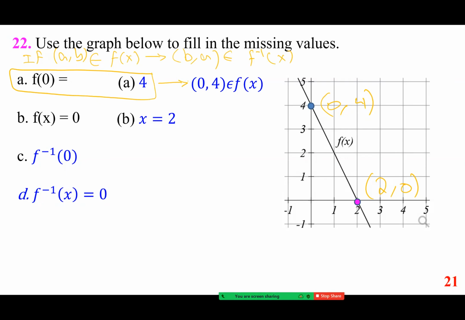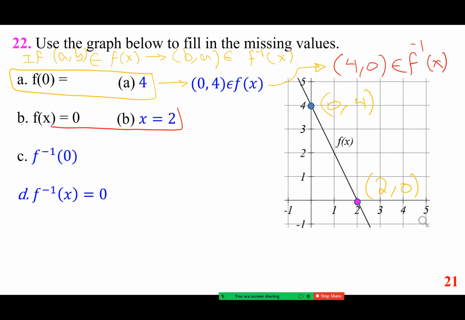So what does that mean? Then 4, 0 belongs to its inverse. So we want f inverse of 0. Let's also write this one.